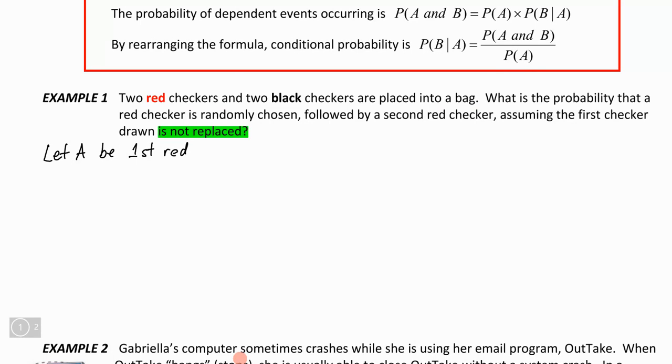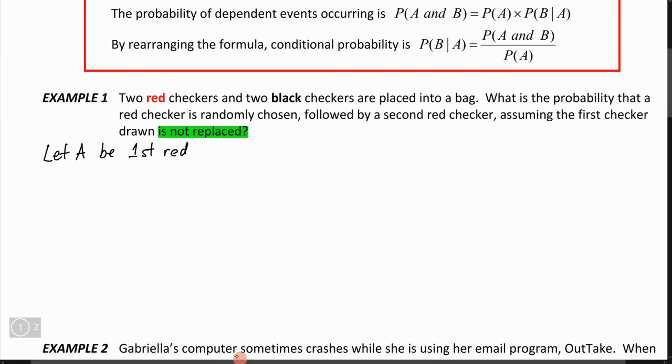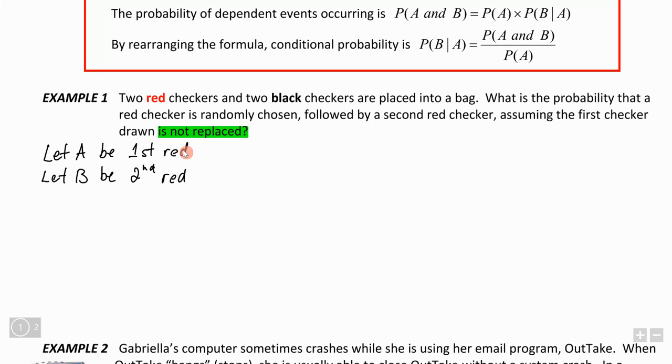So when you're doing the second drawing, you've changed the event. Let B be the second red checker. But the probability of getting the second red checker is different than the probability of getting the first red checker because we never put the first red checker back into the bag.